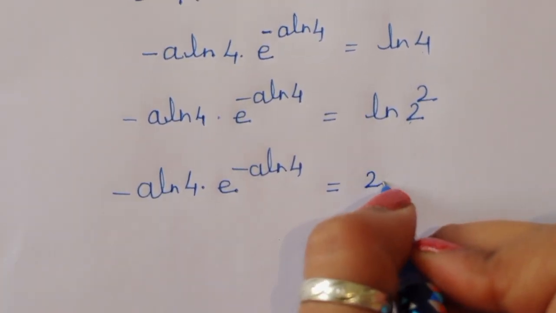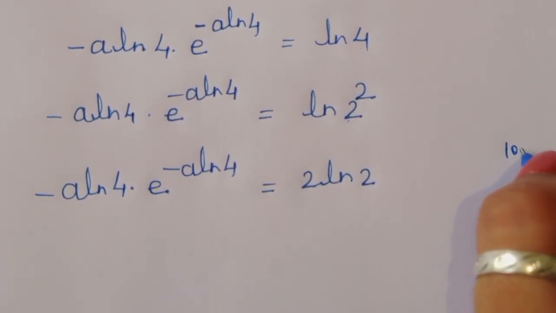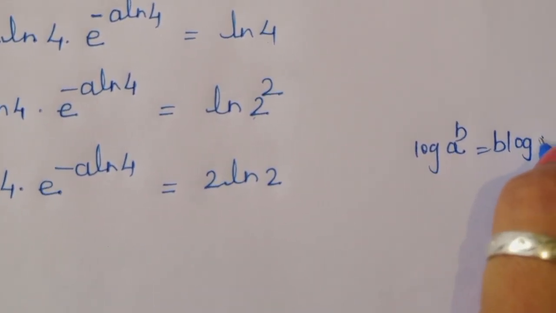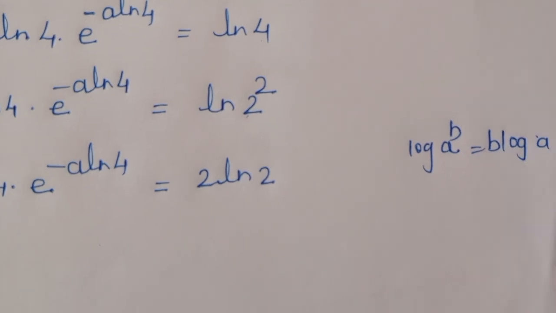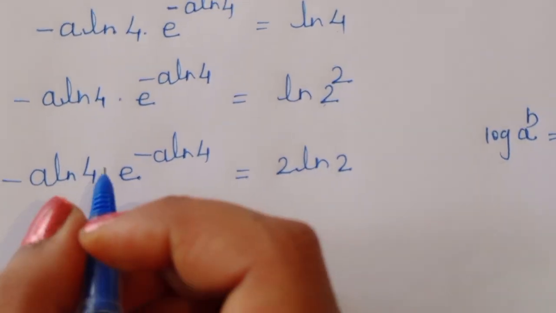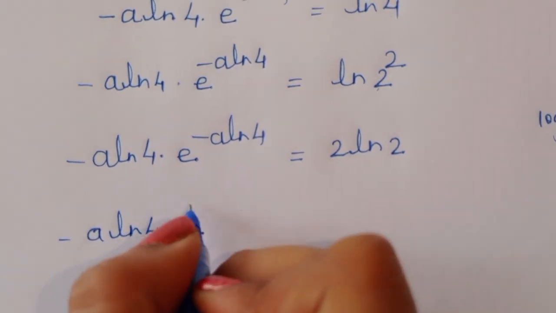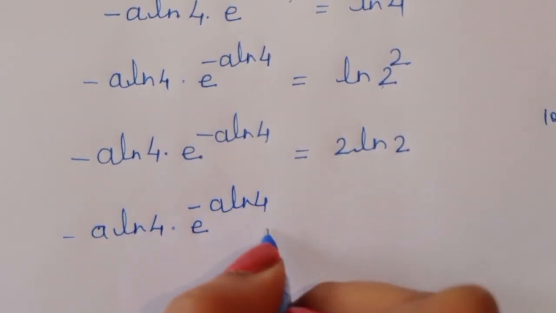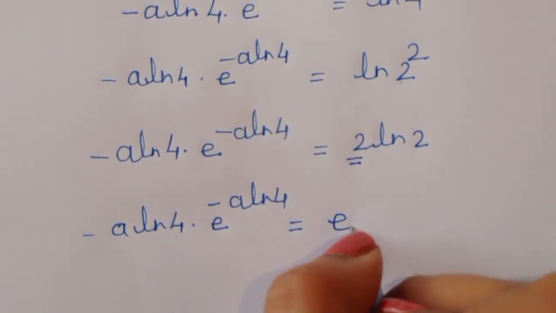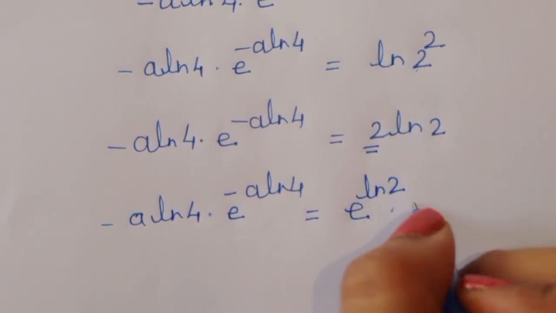So we can write this as 2 ln 2, because we know the formula: log of a to the power b is equal to b log a. Using ln a to the power b is equal to b ln a, we can write minus a ln 4 times e to the power minus a ln 4 is equal to ln 2 times e to the power ln 2, with 2 written as e to the power ln 2.